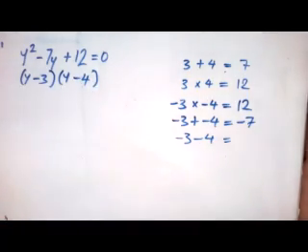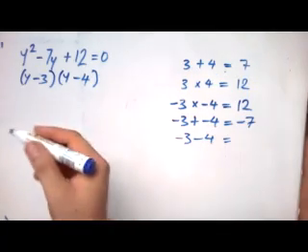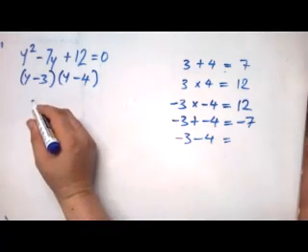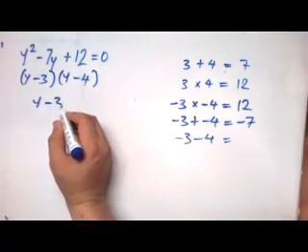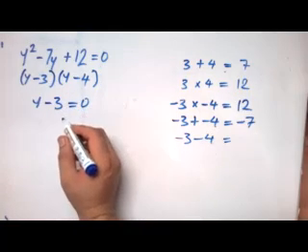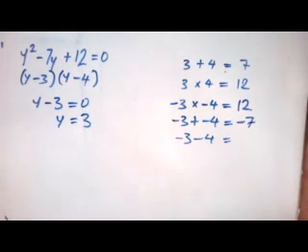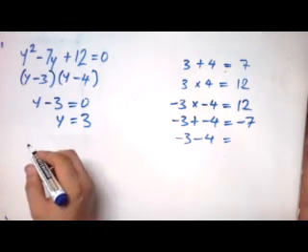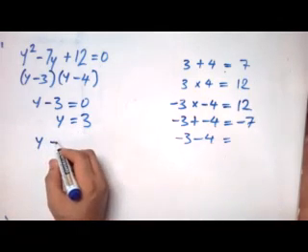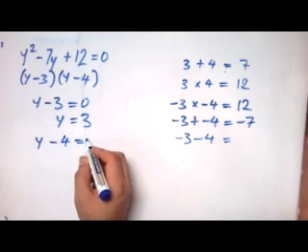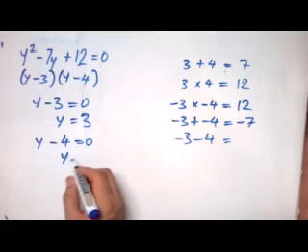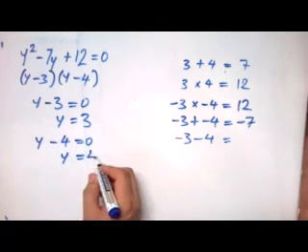The next thing we need to do is to now handle each bracket individually. So we take the first bracket, y minus 3 equal to 0, so that y alone is equal to 3. The second bracket will give us y minus 4 equal to 0. y alone will give us 4.